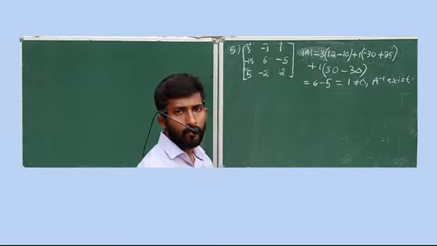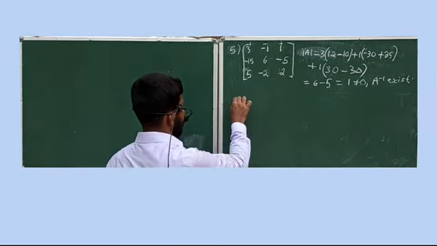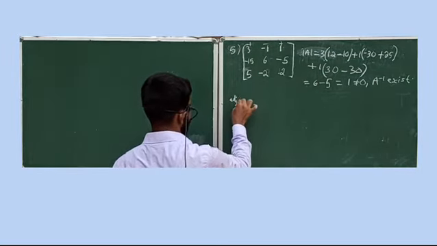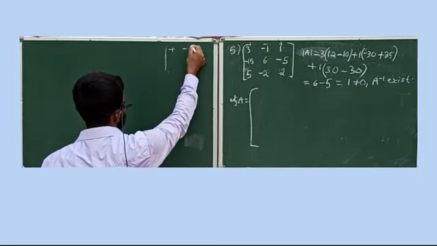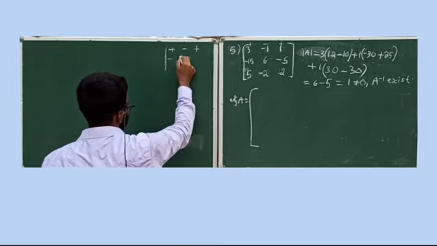Next what you have to calculate? Adjoint A. Adjoint A is equal to, again, alternating signs: plus minus plus, minus plus minus, then plus minus plus.